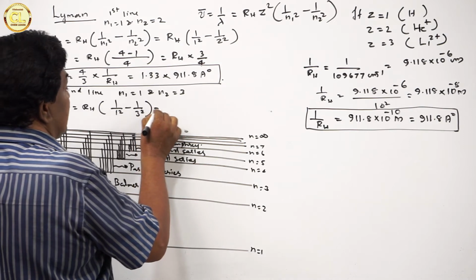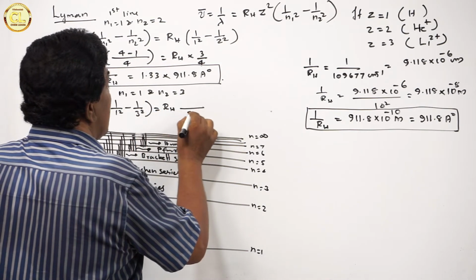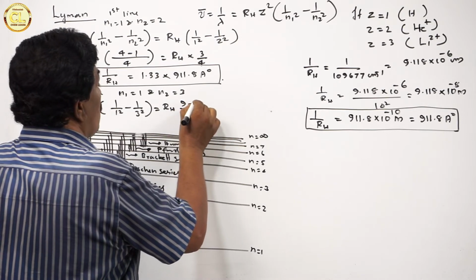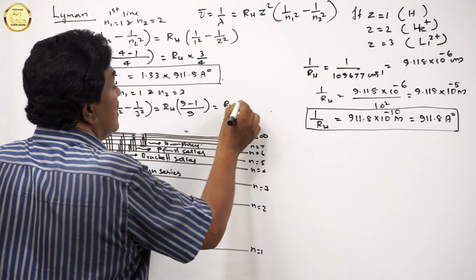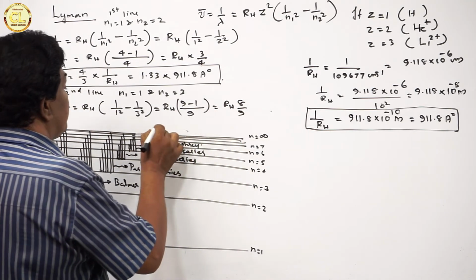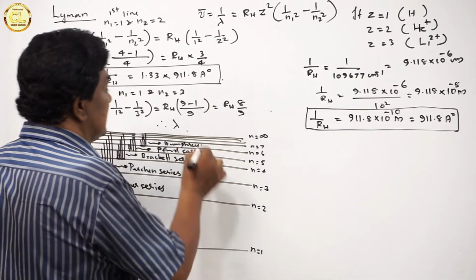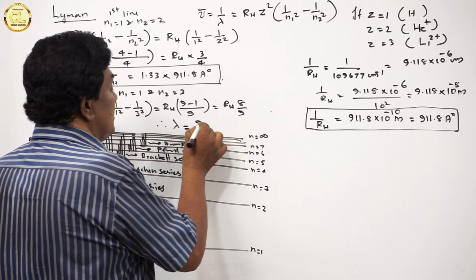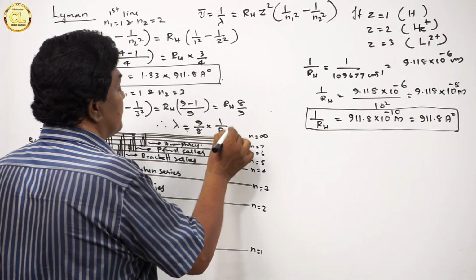That is equal to RH into 9 minus 1, that is RH into 8 by 9. Therefore, lambda is equal to the reciprocal of this, that is 9 by 8 into 1 by RH.